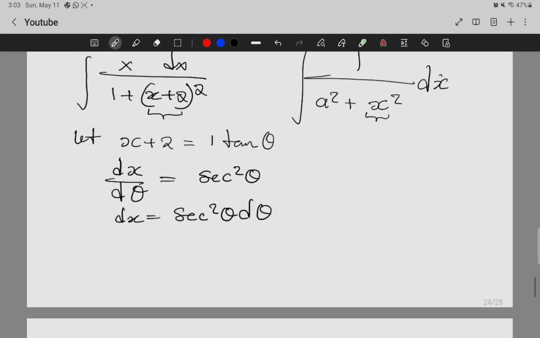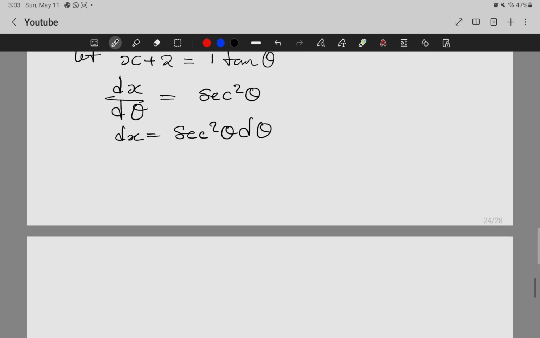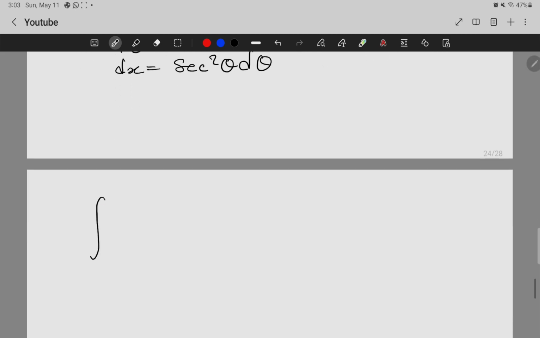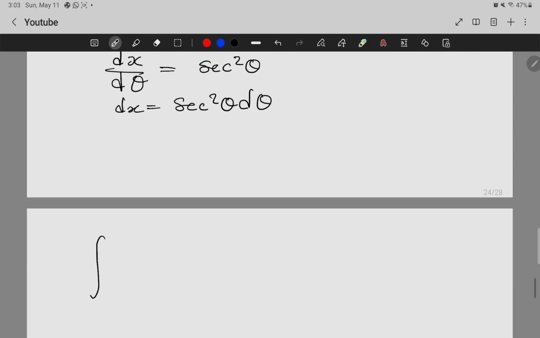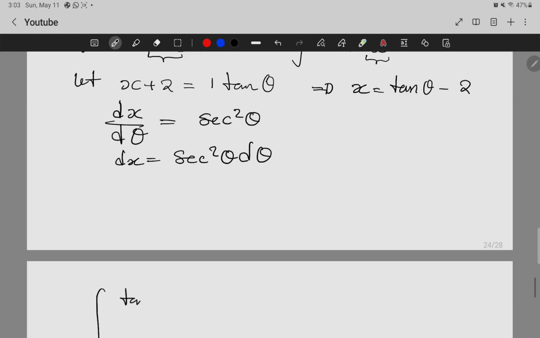When we now substitute, since x plus 2 is equals to tan theta, it follows that x will be tan theta minus 2. So the 2 crosses so that we get the definition of what x is. So where there's x, we'll put tan theta minus 2.